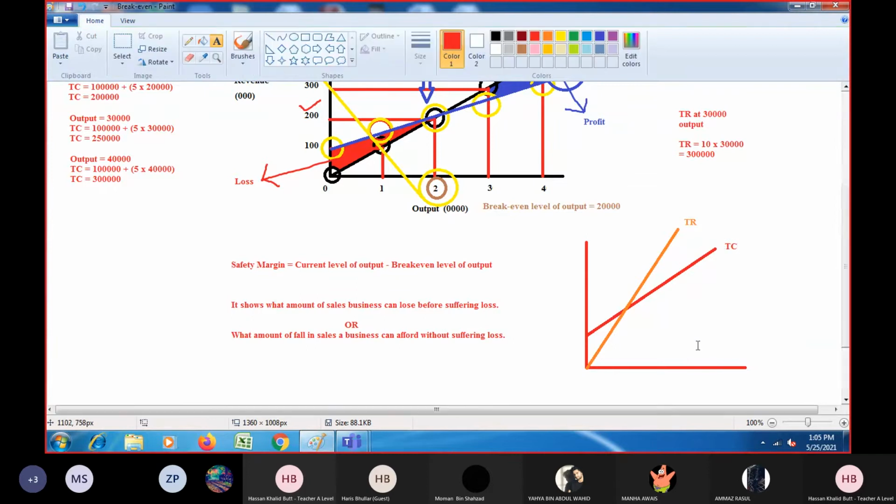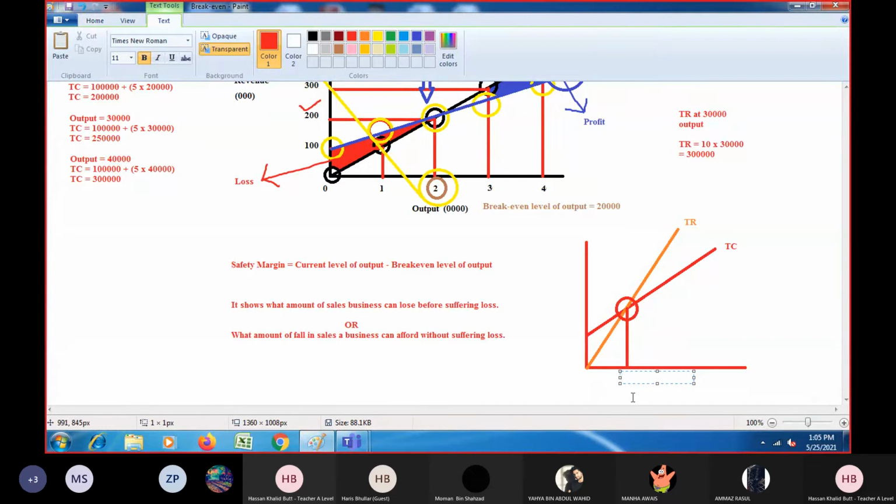Okay, and let's say this is the break-even point, and the break-even level of output. You know how we get it? If we drag it down this way, we'll get the break-even level of output as well. So let's say the break-even level of output is 100.